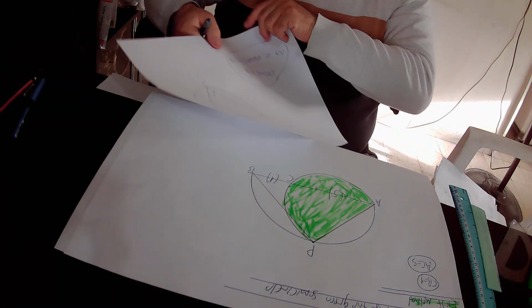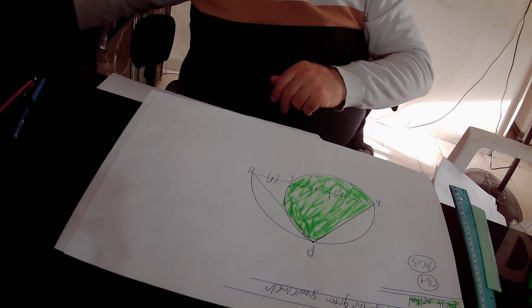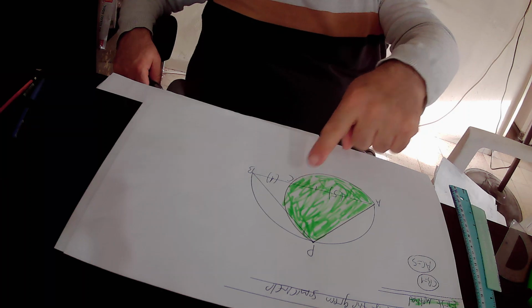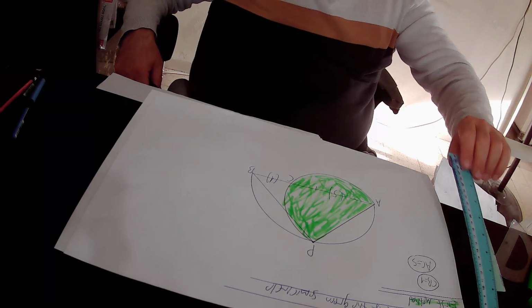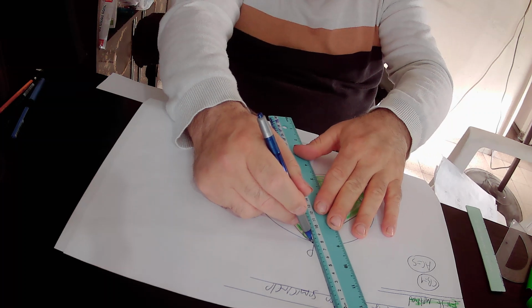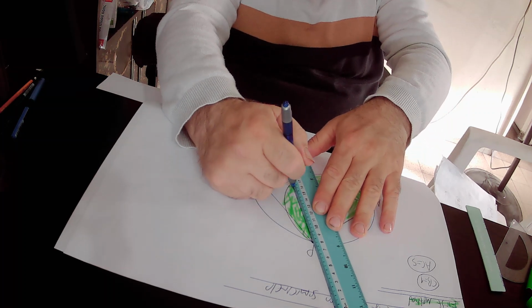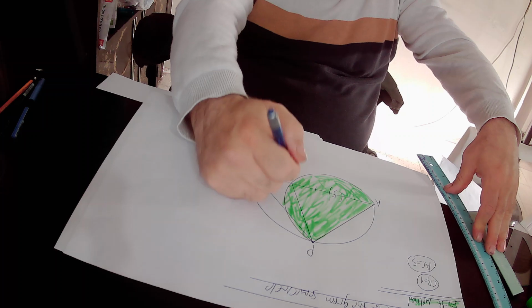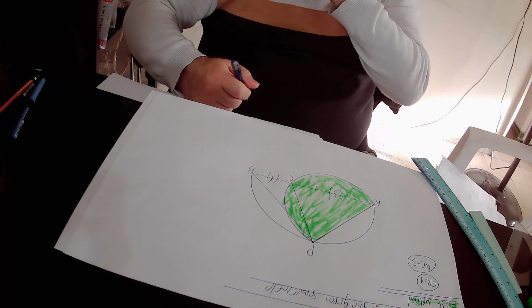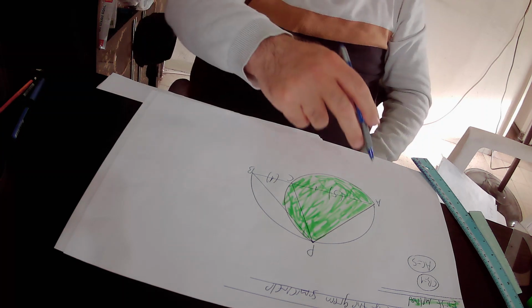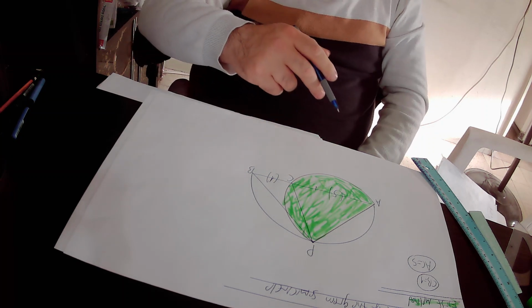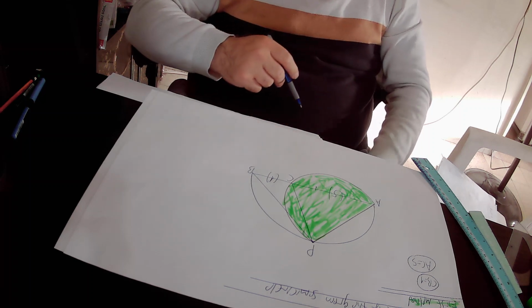In the next step, we will join points P and C together by a straight line, and I will copy the green semicircle in a new page and will implement rule 7 on the green semicircle.